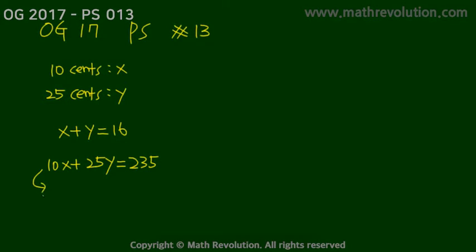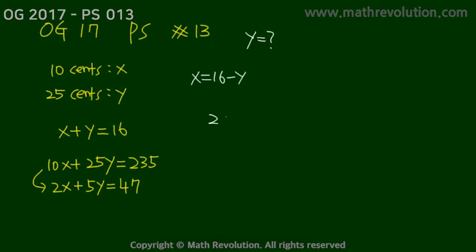If we divide it by 5, we get 2x plus 5y equals 47. Now the question is asking for y. So y equals what? Now then we can get x equals 16 minus y from our original equation here.